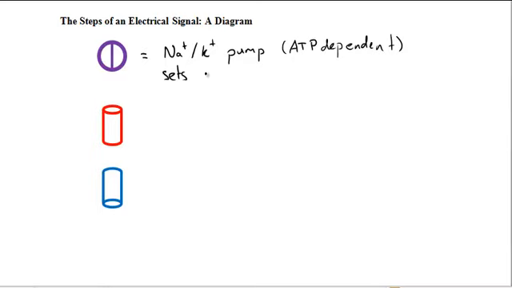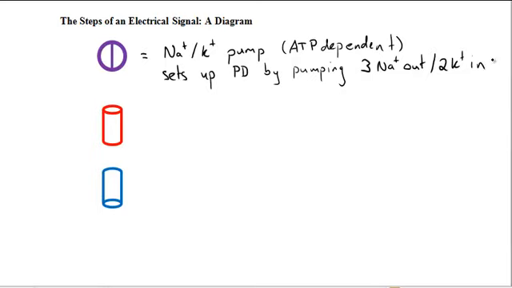And it sets up the potential difference by pumping three sodium ions out of the axon for every 2 potassium it pumps in.